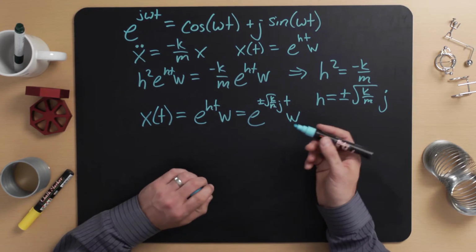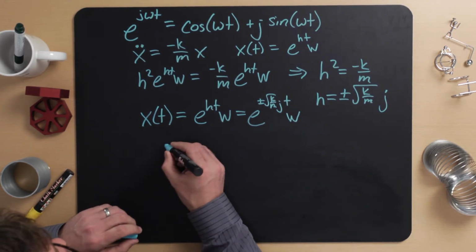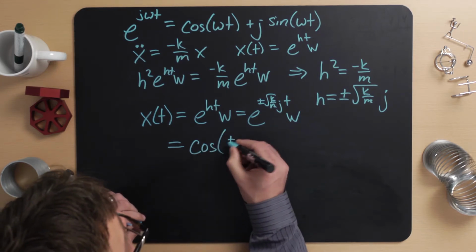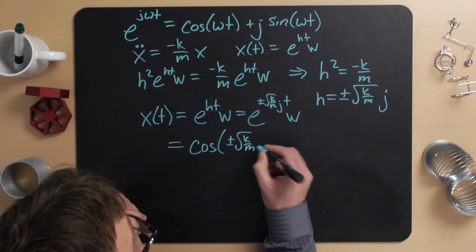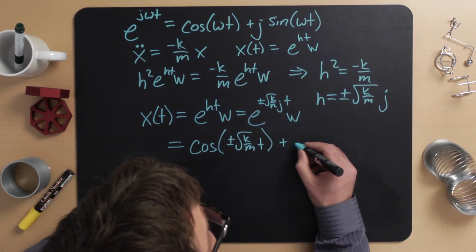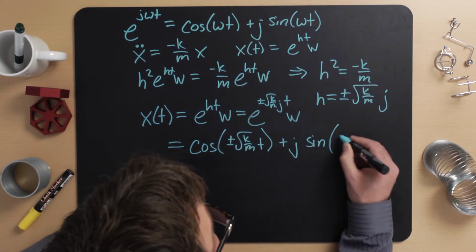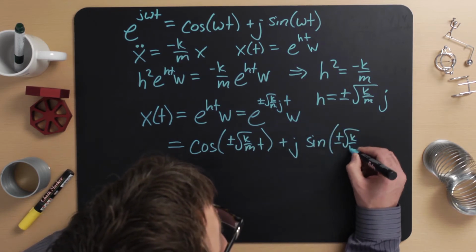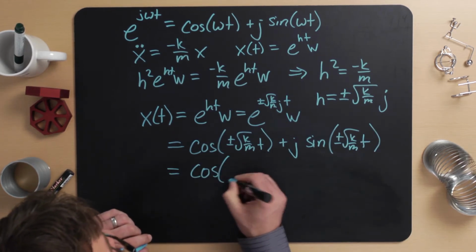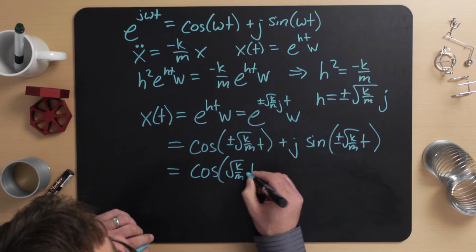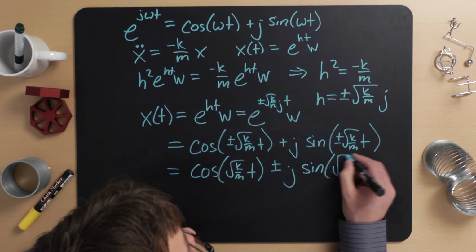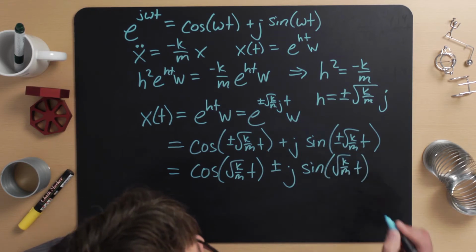Hence, by Euler's formula, we know that this is equal to cosine of plus or minus square root k over m t plus j sine of plus or minus square root k over m t, and that's equal to cosine of square root k over m t plus or minus j sine square root k over m t.